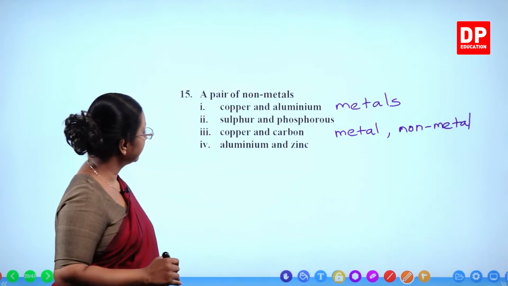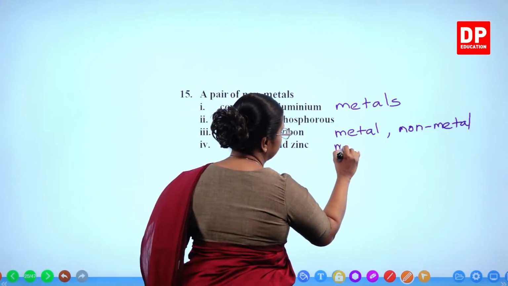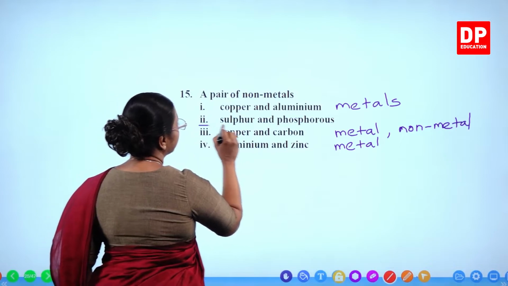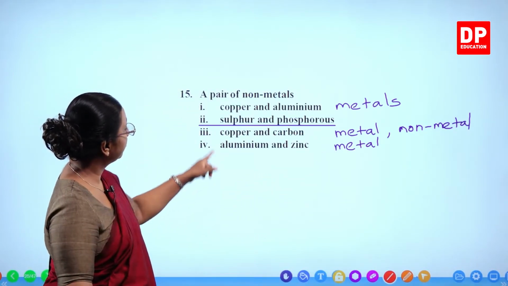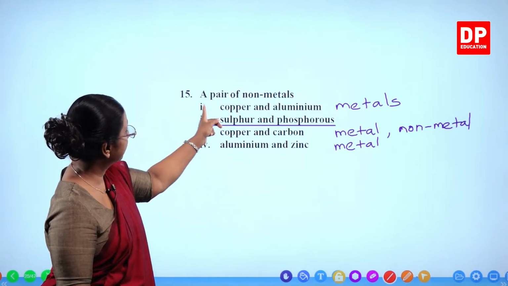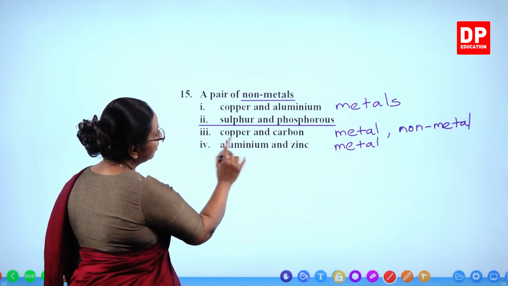Then the fourth one, aluminium and zinc. Again both of them are metals. So the most suitable answer or the correct answer is sulfur and phosphorus. Out of all four, copper and aluminium both are metals. Sulfur and phosphorus both are non-metals. So that's why that's the correct answer. Then copper and carbon.